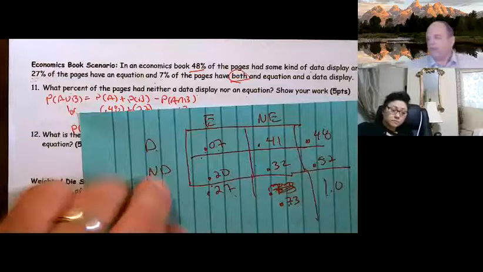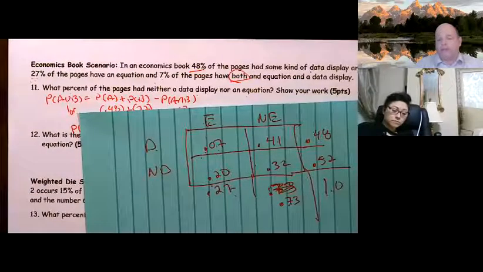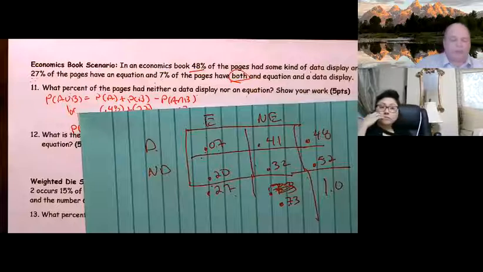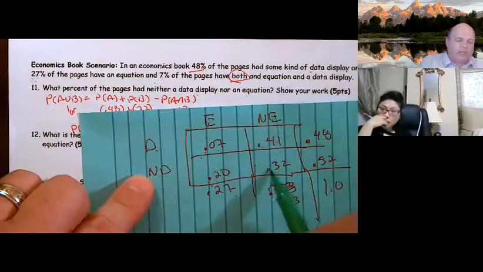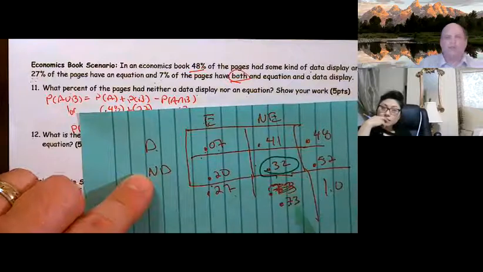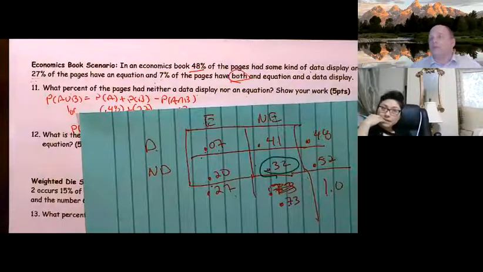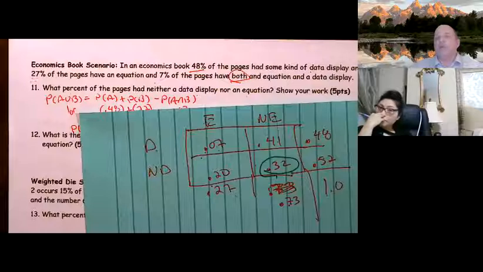Well, guess what? Now I know some of you did Venn diagrams, and that's fantastic. I'm just not very good at drawing them. They asked for no data, no equation, no data display, and that's right there. So if you had wanted to use that, that would work.